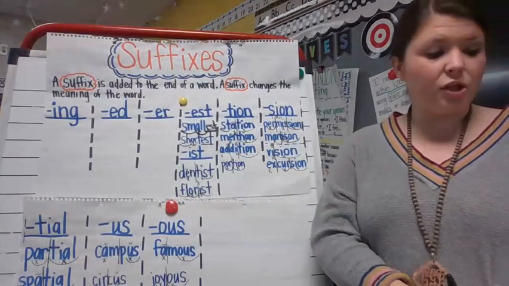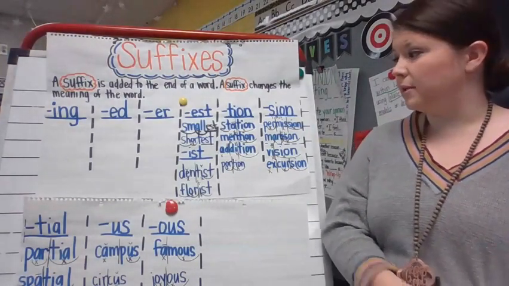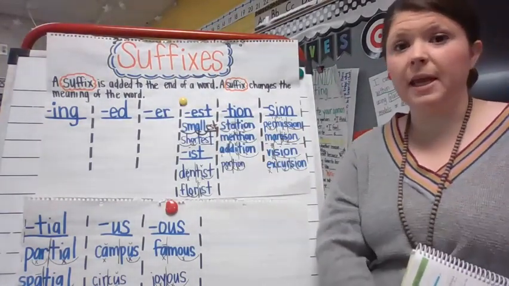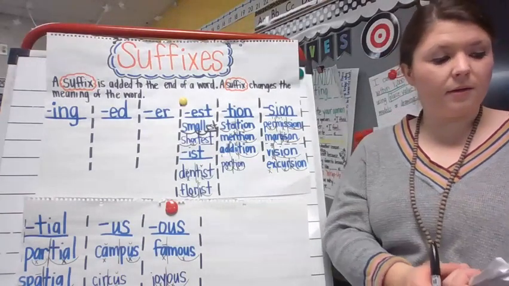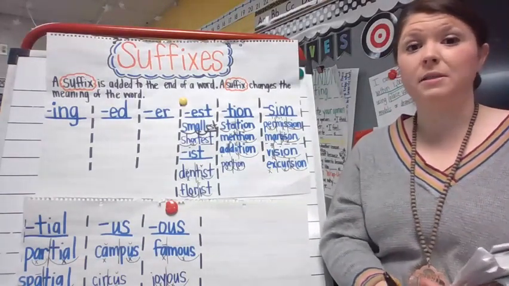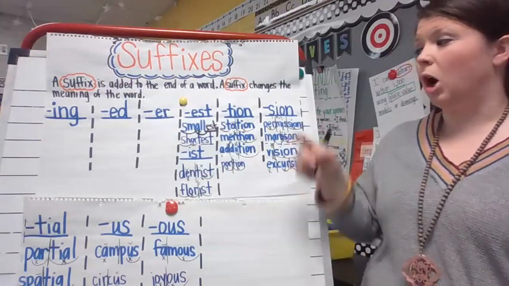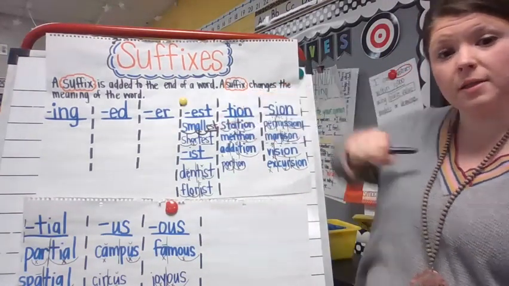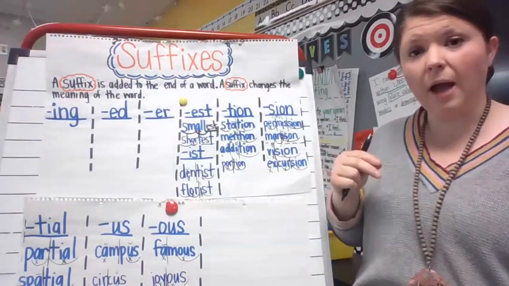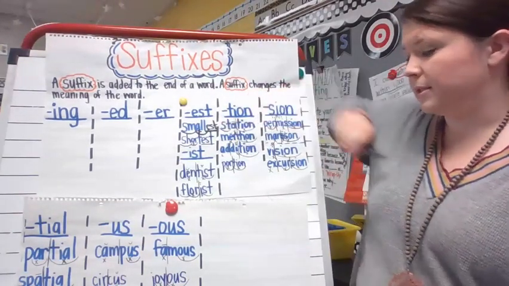An adjective is used to describe things. So smallest can describe anything that is very small, the smallest out of everything. Mark's dog is the smallest dog. It describes the dog as the smallest.